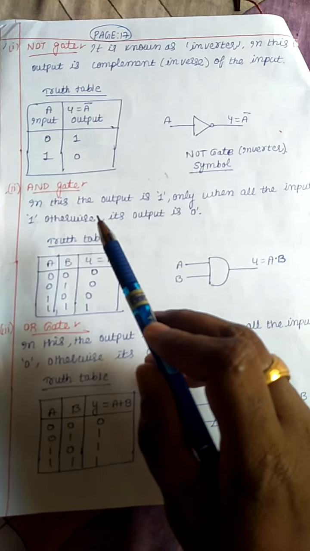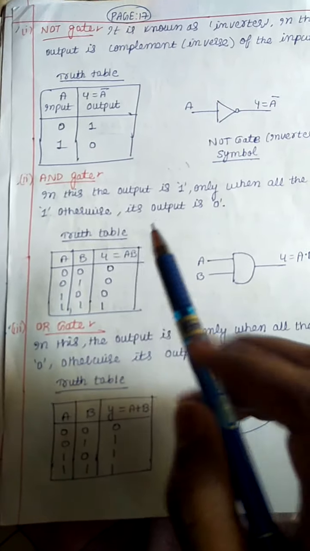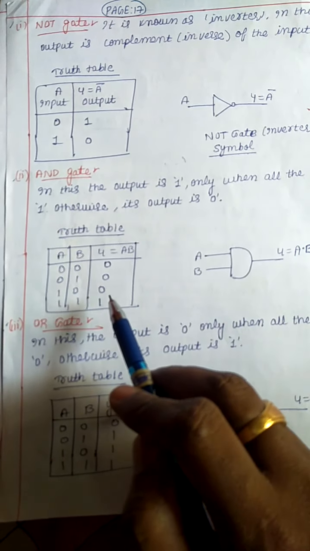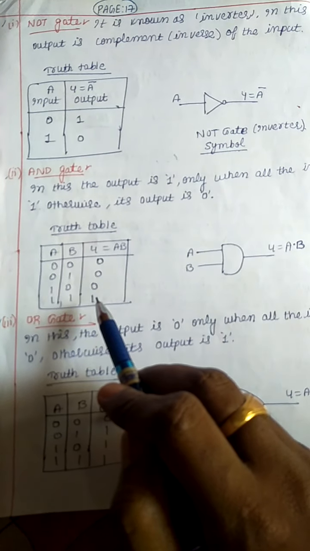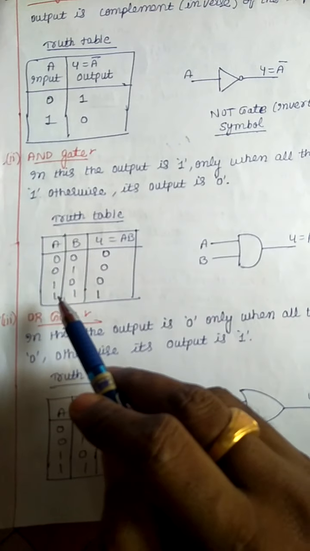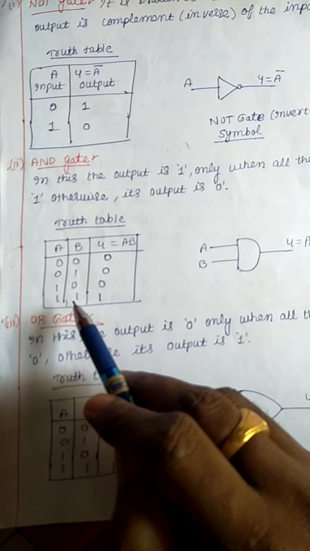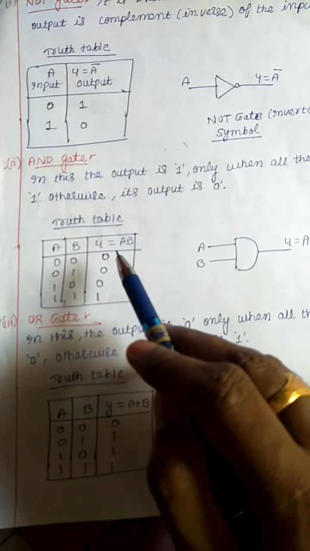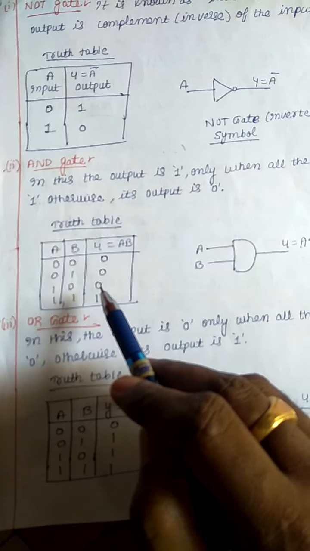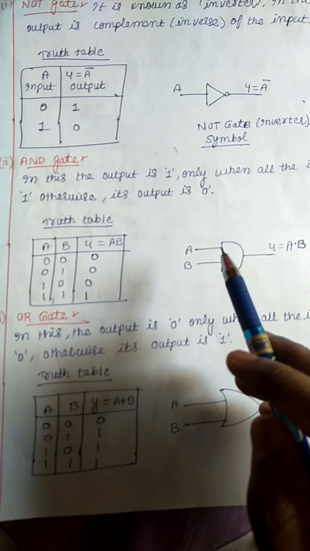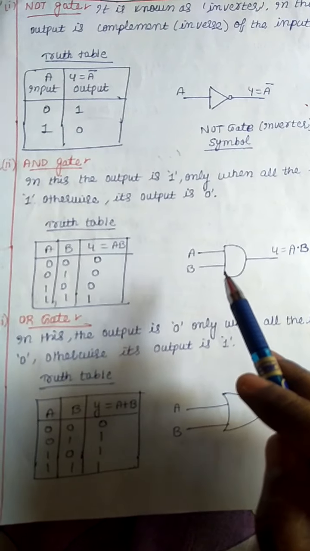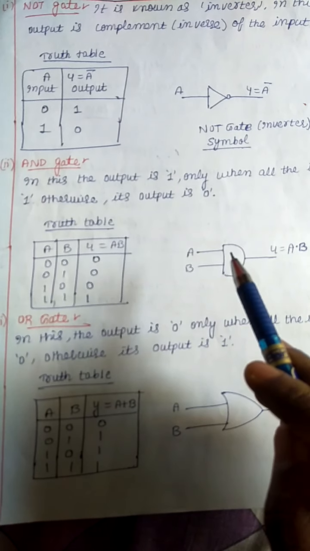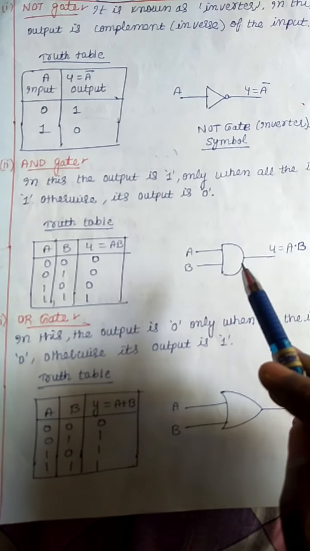If we come to the AND gate, the output is 1 only when all the inputs are 1. Otherwise the output is 0. Here you can observe the symbolic representation of a two input AND gate.